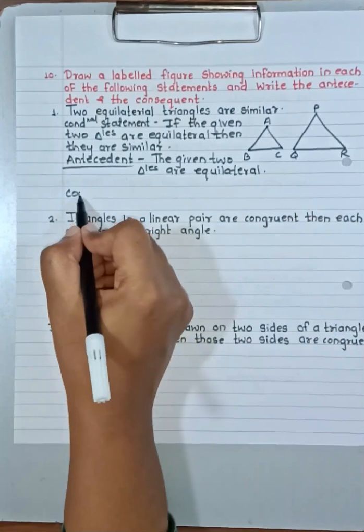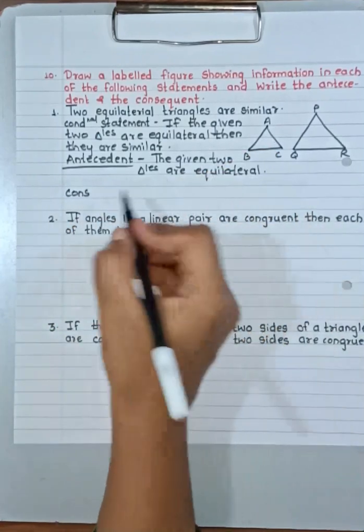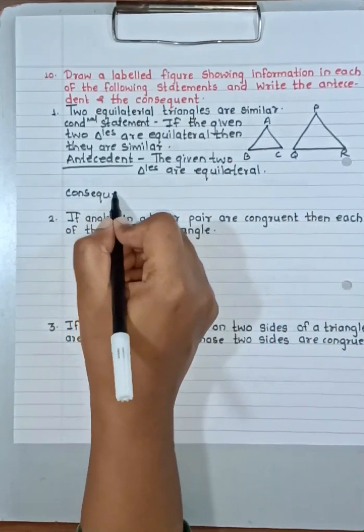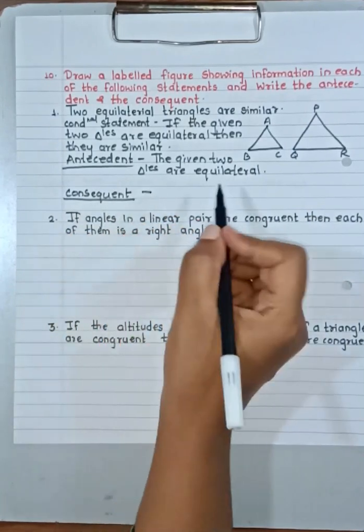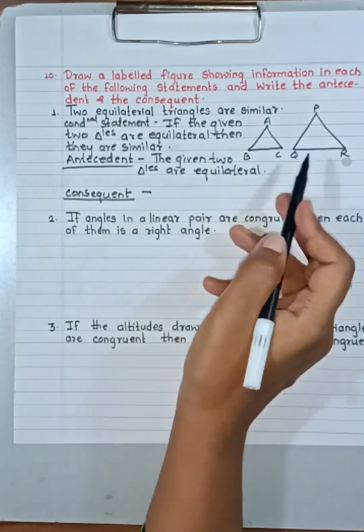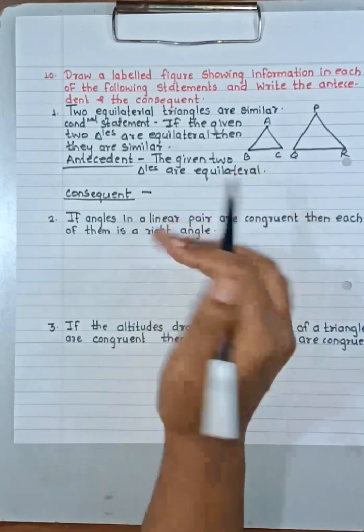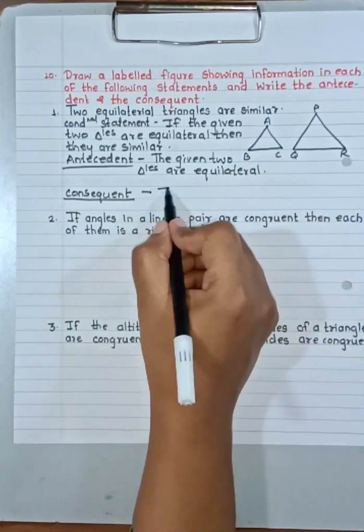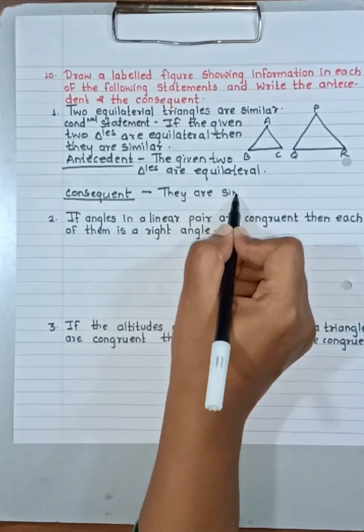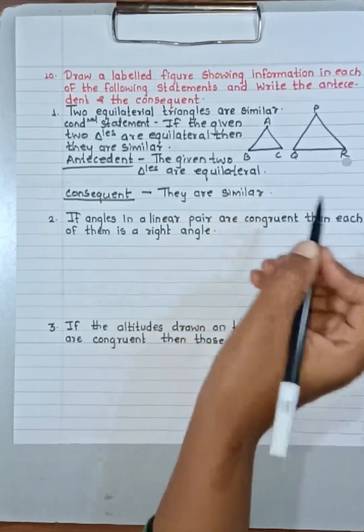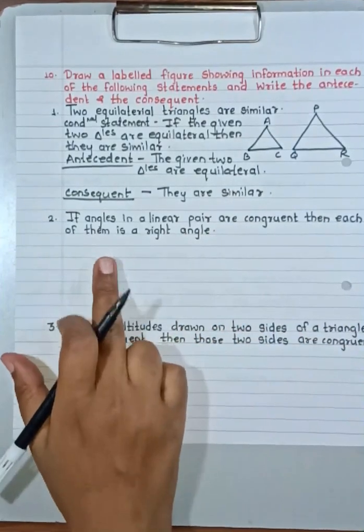Now consequent you have to write, means what you are going to prove. What you have to prove in this? The given two triangles are equilateral. This is given to you all, but you have to prove that they are similar. Okay, they are similar. In the same way, you can solve question number 2 and 3.